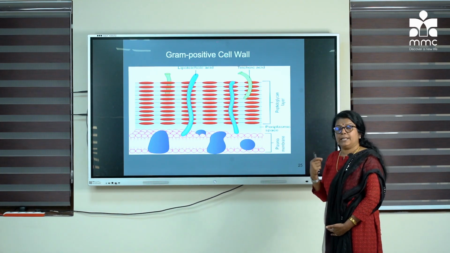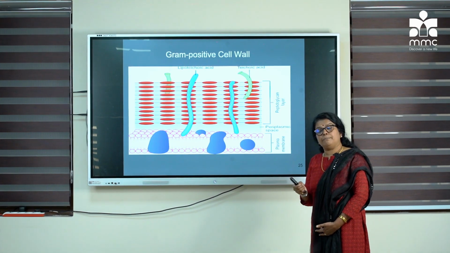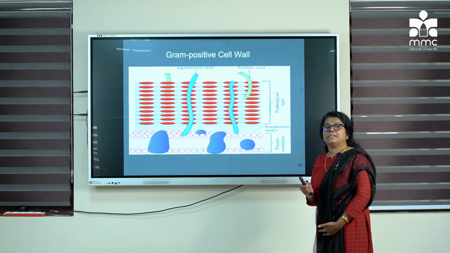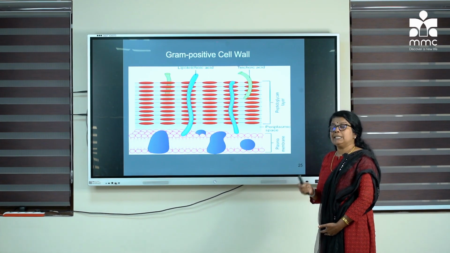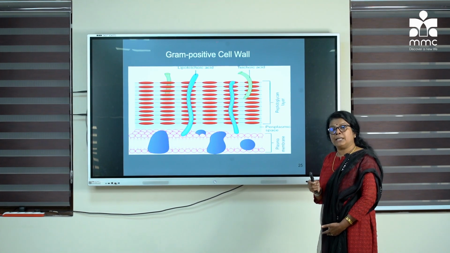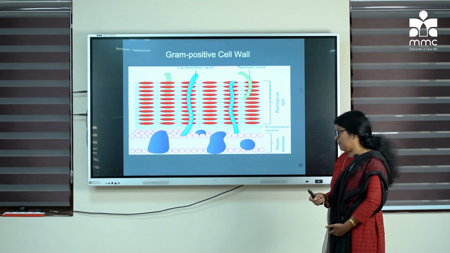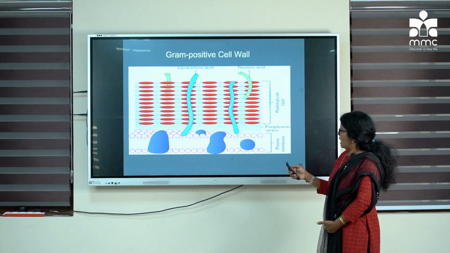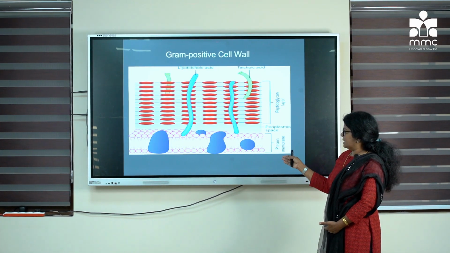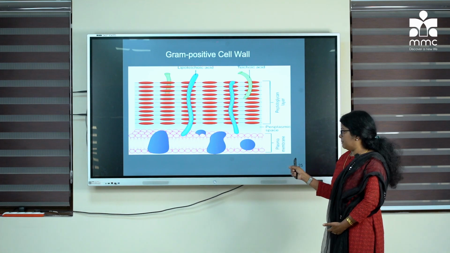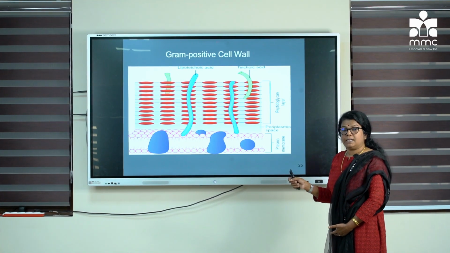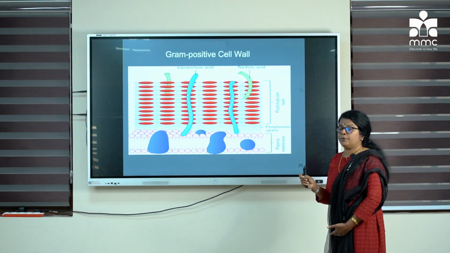These are also very important structures of the gram-positive cell wall, which are absent in the gram-negative cell wall. They have important functions in the gram-positive cell. Inside the cell wall you can see the plasma membrane or cytoplasmic membrane, which is trilaminar as in the case of higher forms of cells.